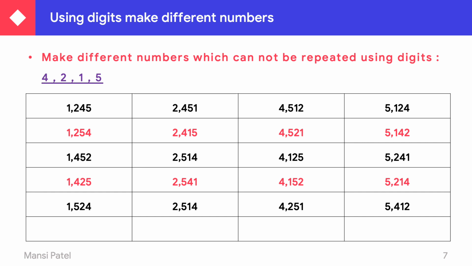So you can see here, in the next, you have to just change the place of ones and tens. So 1542, then 2541, then 4215, and then 5421.